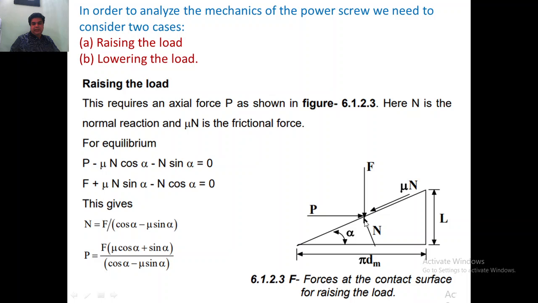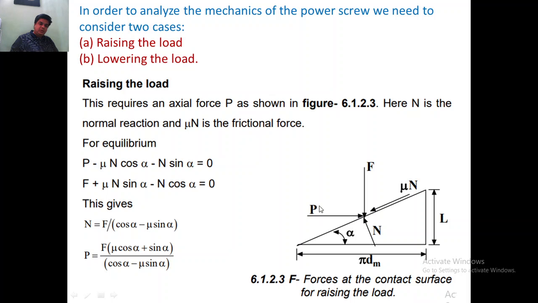The load is acting like this on the inclined plane, pi dm is the length of this triangle, and the height of this triangle is the lead or pitch. This is the weight or the load which has to be lifted, which has to be raised. So we have to apply an external force in this direction.